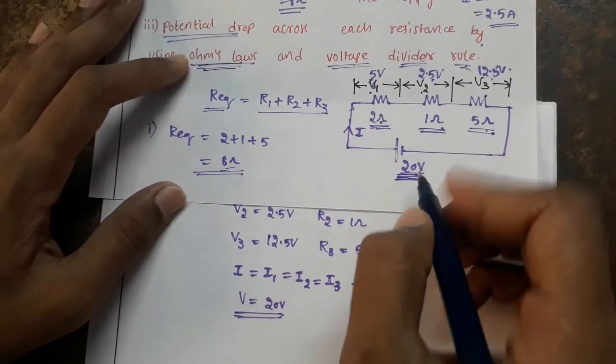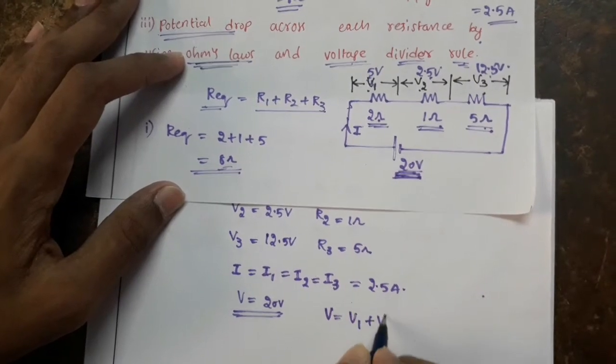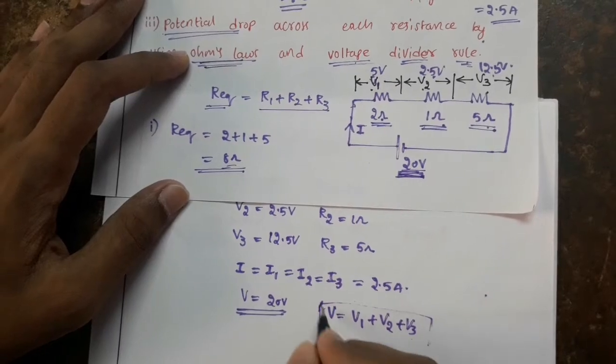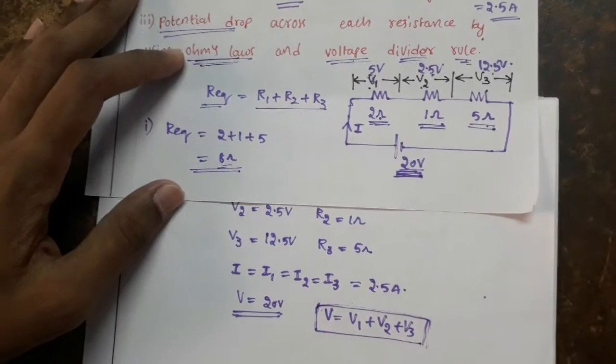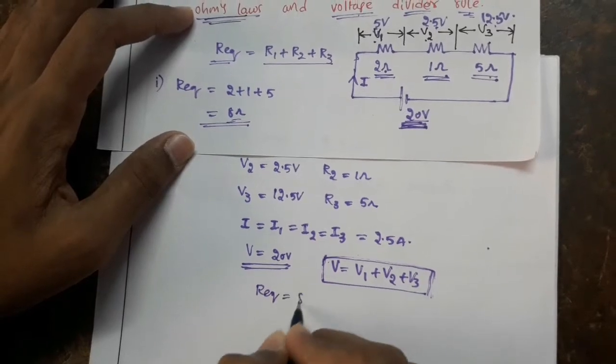Here you can see that applied voltage equal to V1 plus V2 plus V3 in the series. R equivalent is equivalent to 8 ohm.